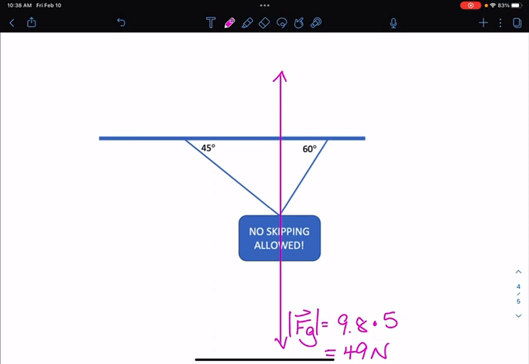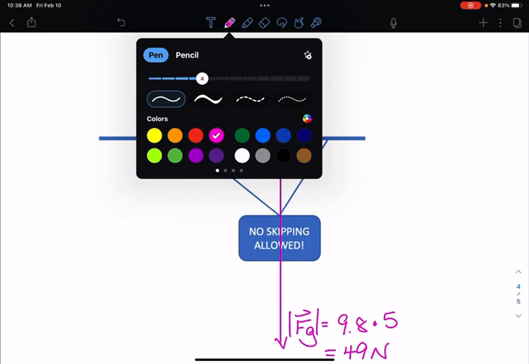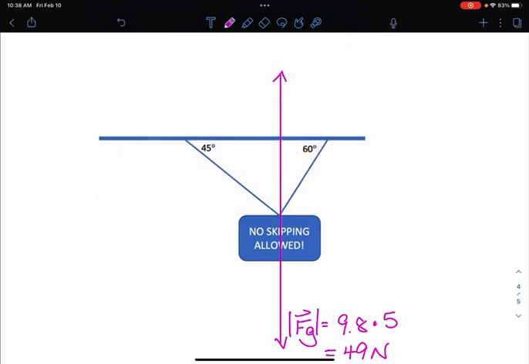Now, I'll remind you that the shorter rope is going to have more tension than the long rope. And so my force diagram doesn't match the picture diagram. So I need the forces of tension to add to this tall one.